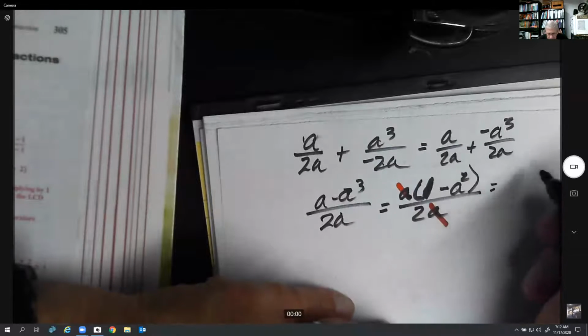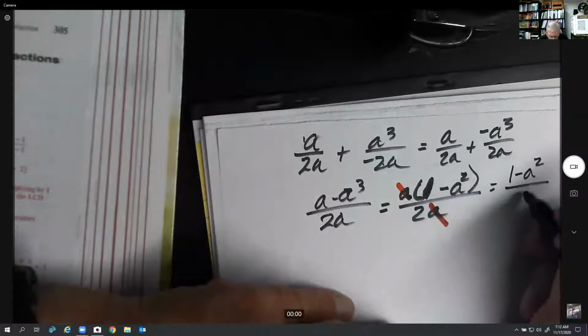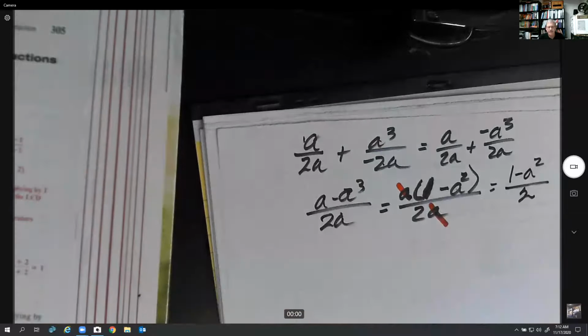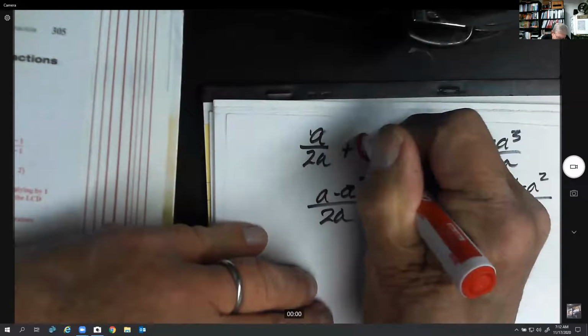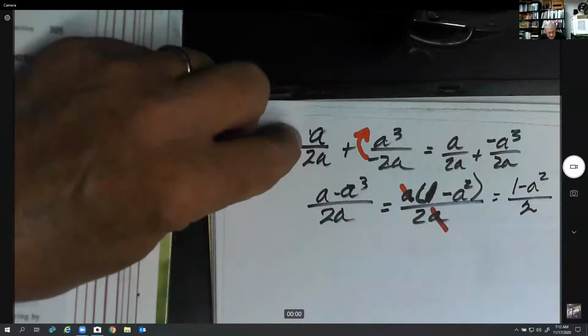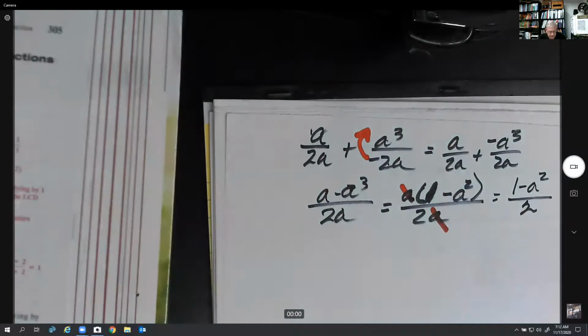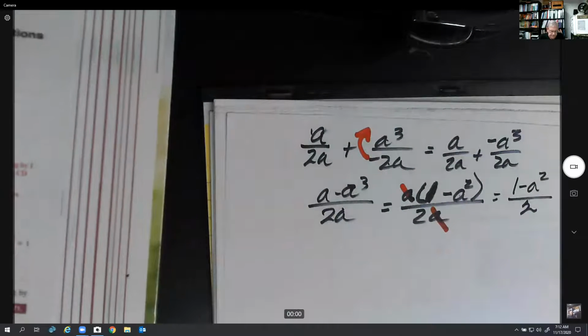You could factor it 1 minus a, 1 plus a, or you could just leave it 1 minus a squared over 2. So when you have the negative sign like that, it's easiest just to bring it up. I thought about maybe making this the negative a and then switching them around, but then you could have had a squared minus 1. But this is just as good.